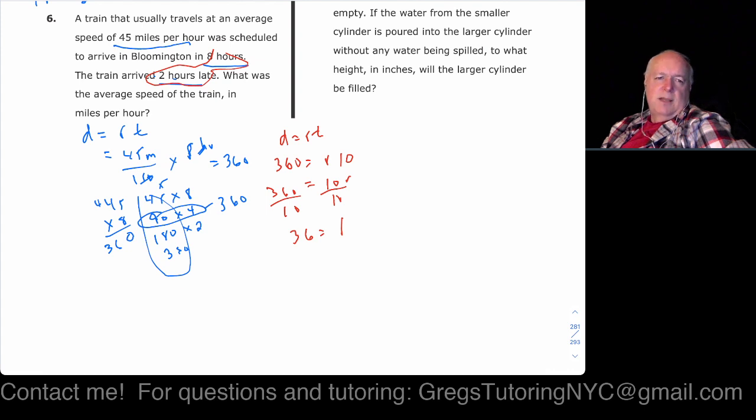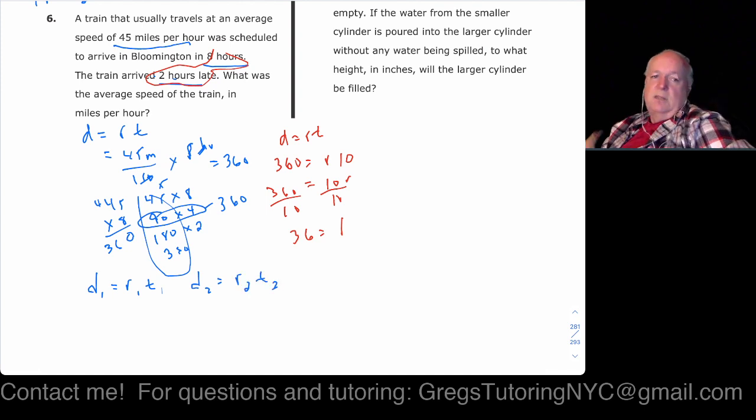We could have avoided the computation to the 360, because if we compare the two things here, we have the distance 1 equals the rate 1 times the time 1, and a second one, where the second distance is equal to the rate 2 times time 2, right?